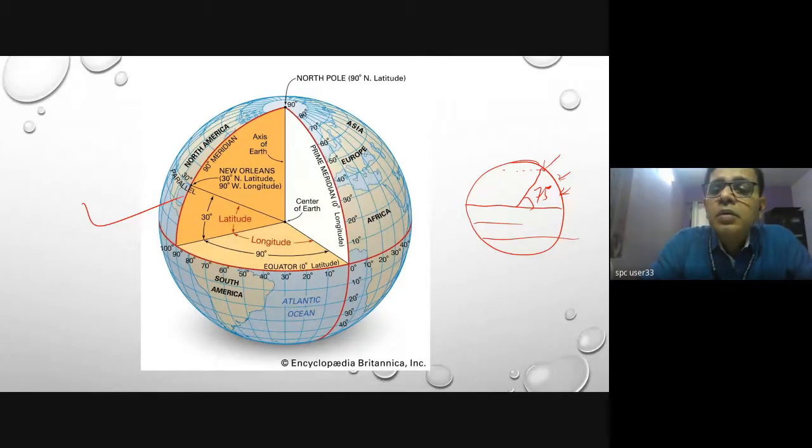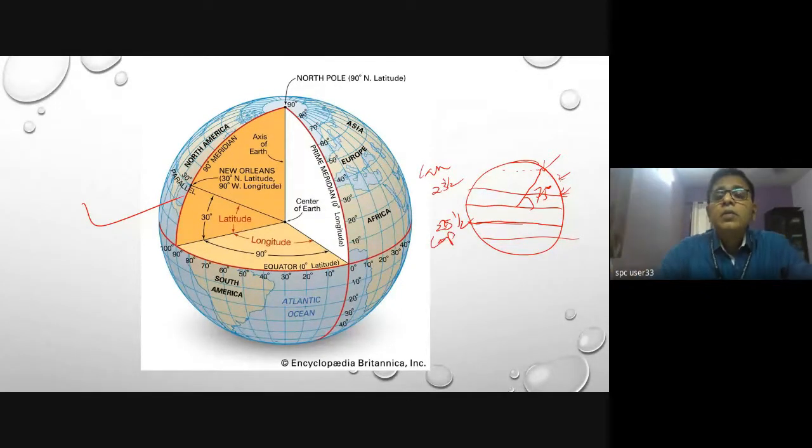Then we have, besides these rounded latitudes, as I call them, some latitudes with these numbers: 23 and a half, north and south, the Cancer and Capricorn latitudes. What is the geographical importance of that?